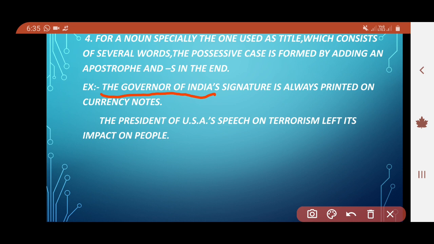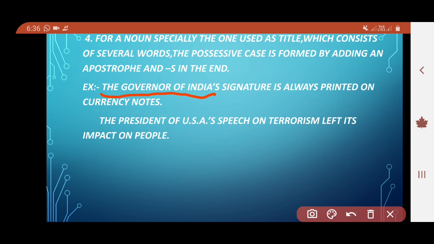In this case, the possessive case can be formed. What is it possessing? It is saying about its signature. Yes or no? The Governor of India's signature is always printed on currency notes. That means the Governor of India is possessing its signature, and that signature is always printed on the currency notes.